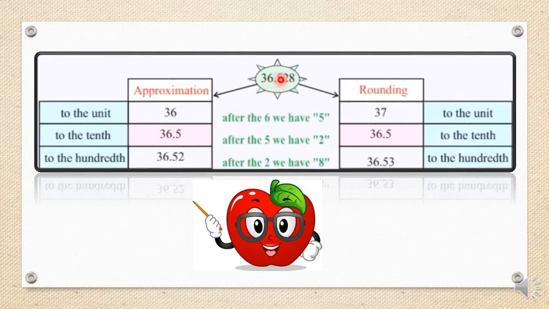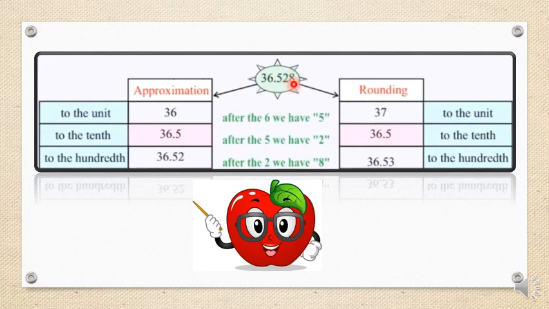Rounding to the 10th, we cut here, so it will be 36.5. Looking at the next digit, which is 2, so it's rounding down. We keep the same number, so it's 36.5. And finally, if we round this decimal number to the 100th, look at the 100th digit. Here it's 2, so we cut the number at 2. It will be 36.52, but we have to look to the next digit before dropping it.